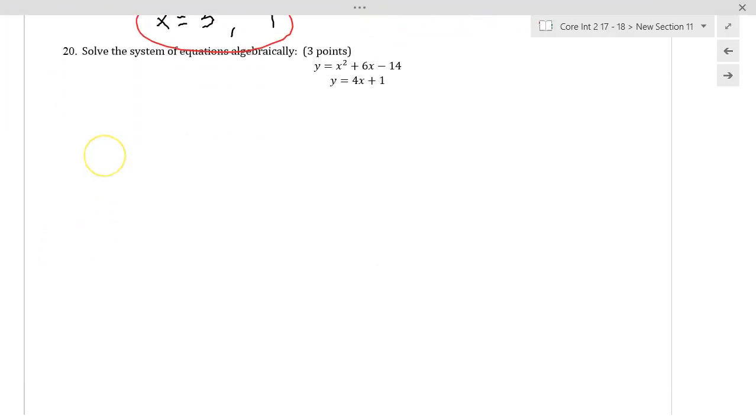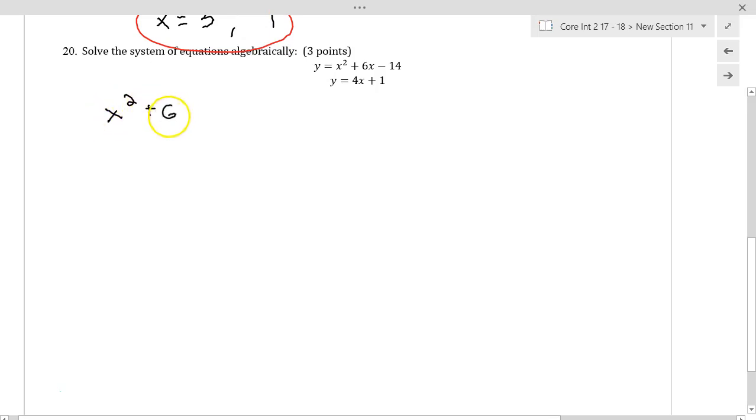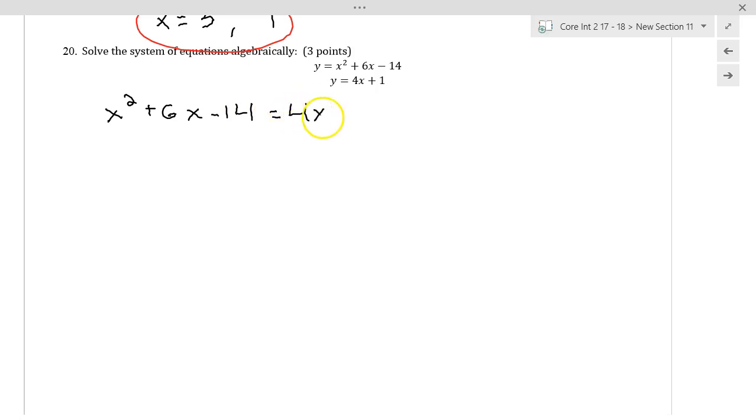Looking at 20, solve the system of equations algebraically. Same type of thing. Just setting them equal to each other. x squared plus 6x minus 14 equals 4x plus 1. I'm going to subtract 4x from both sides.